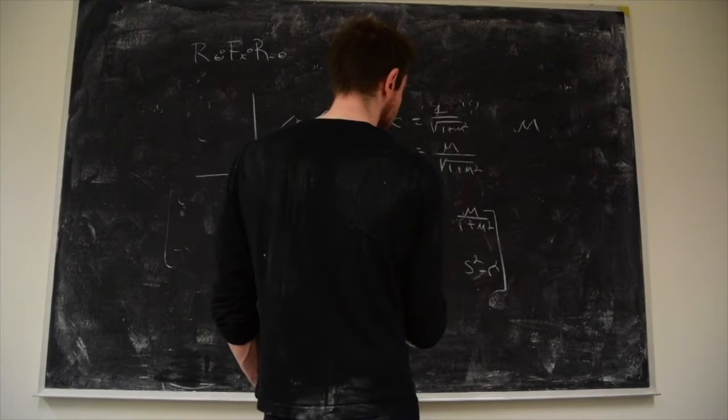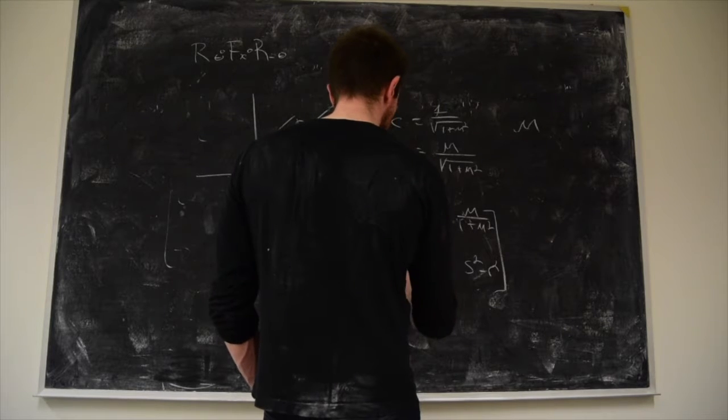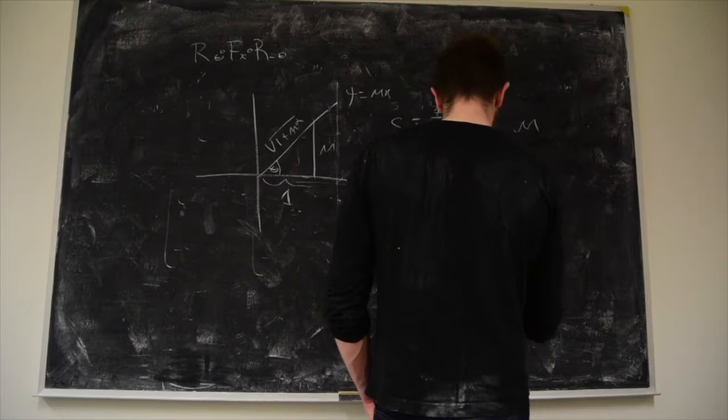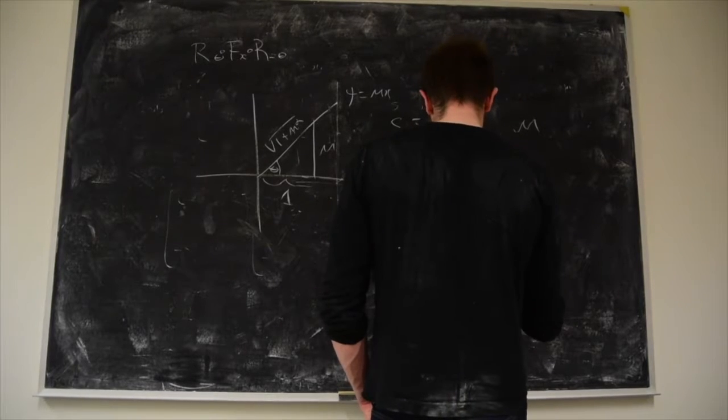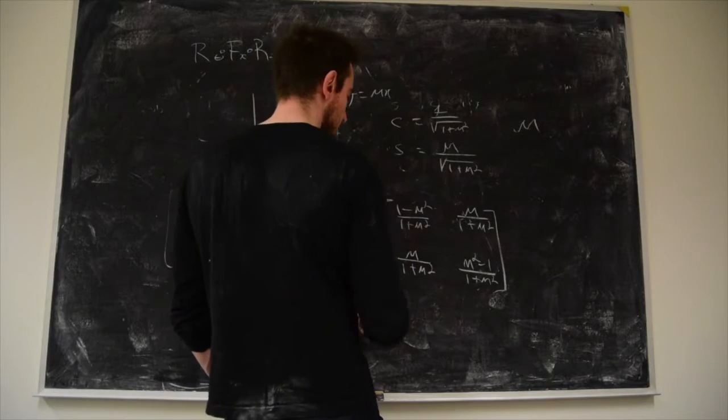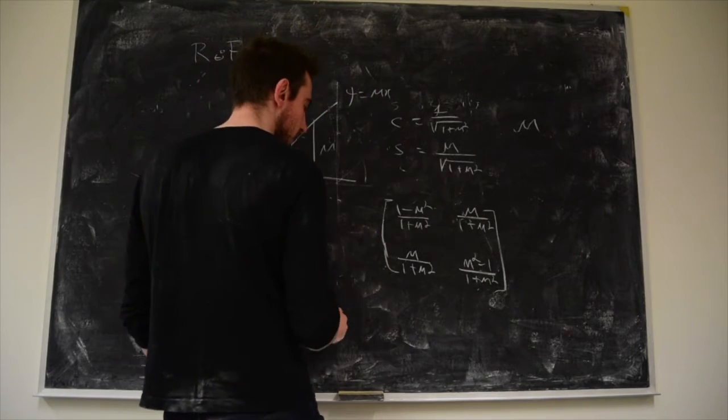This is going to turn into M over 1 plus M squared, and this will be M squared minus 1 over 1 plus M squared. And again, I'm pretty sure these are actually flipped, but again, process.